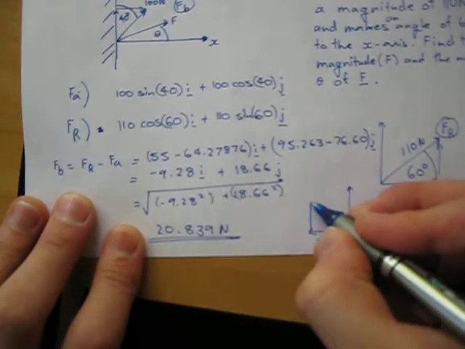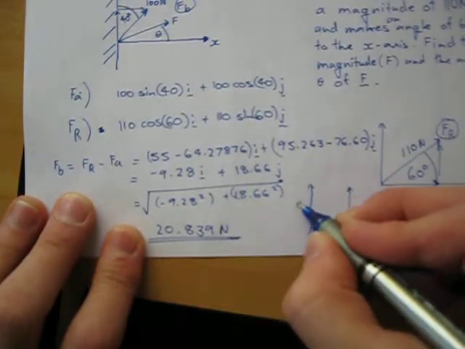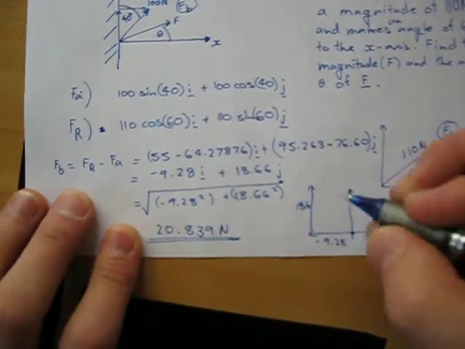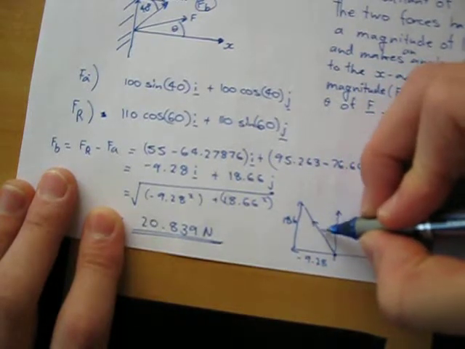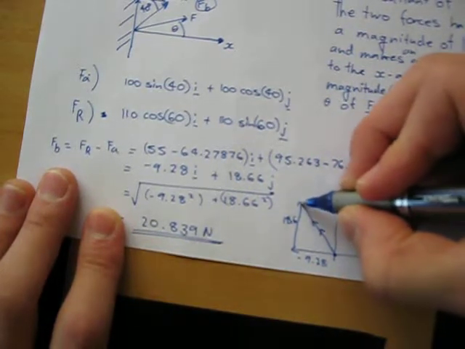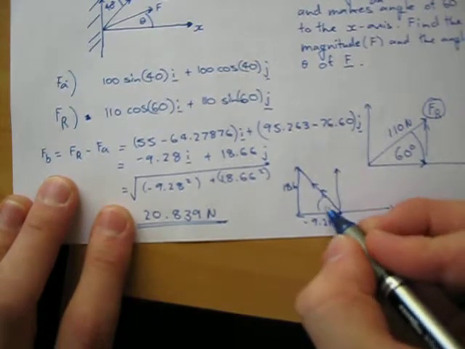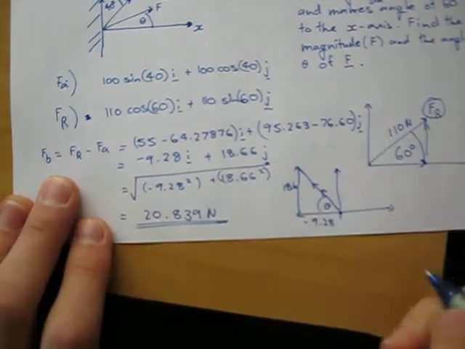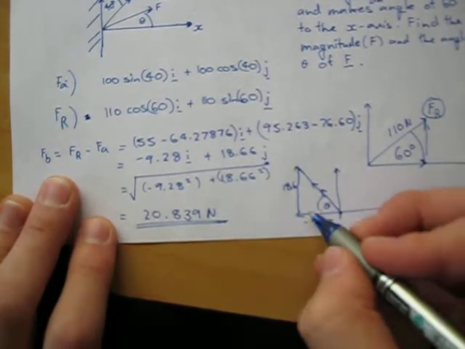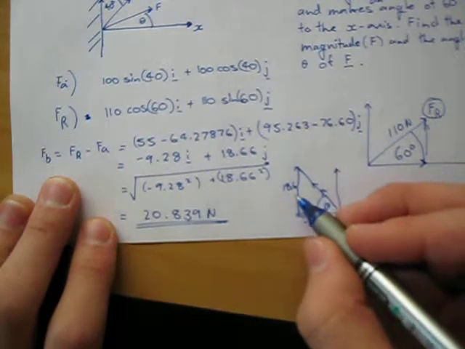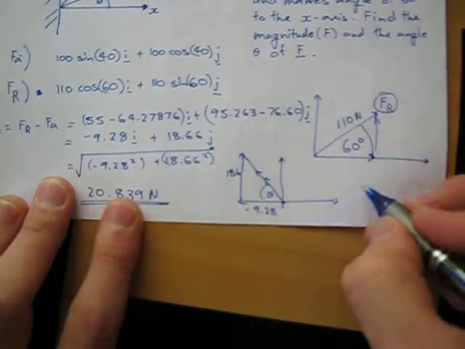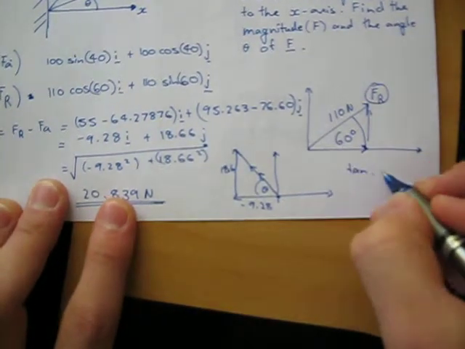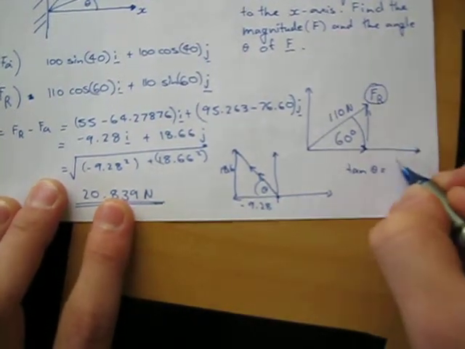We can draw up here our 18.6. Then our resultant is going to be just simply down here, right? That makes sense. So if we wanted to find out this angle here, how are we going to do that? Easy. Just tan of angle, 18.6 over 9.28. So let's just do that. It's really simple stuff though, you should know how to do this.